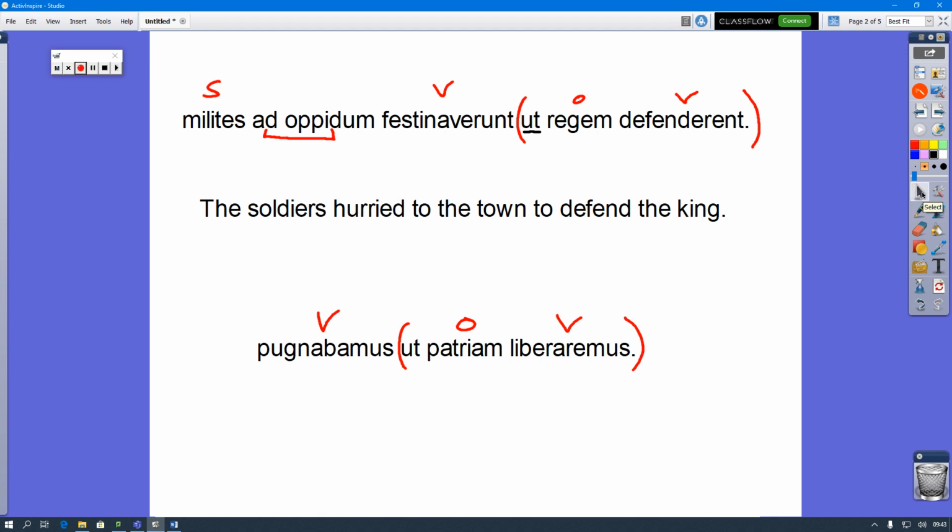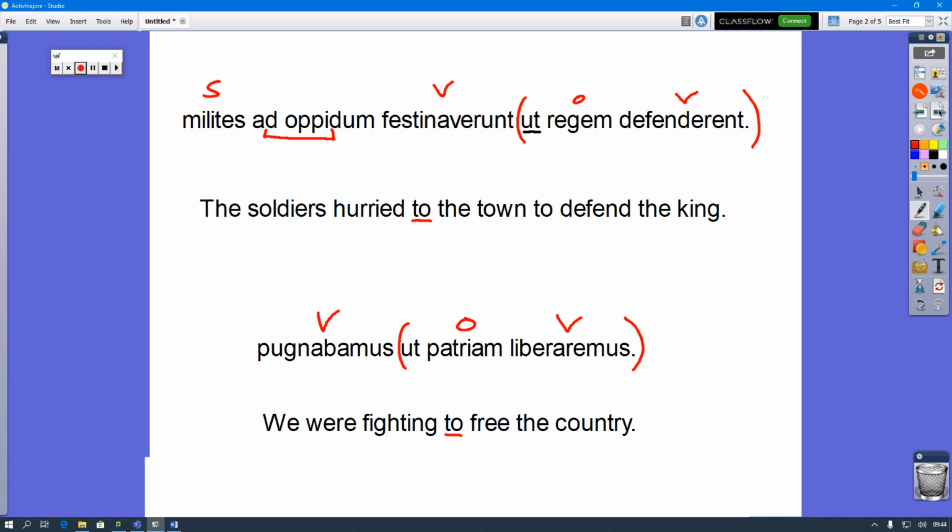So, we were fighting to libero, to free patriam, our country. We were fighting to free the country. You'll see in both these sentences I've been able to translate ut as to. And in most of the final clauses using ut, you'll find that you can do that.